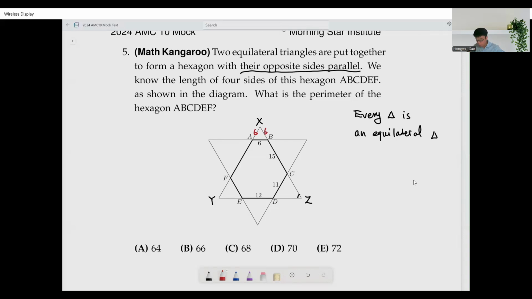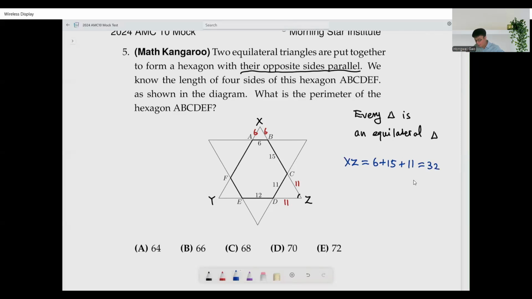Now, BC, we know is 15. Now, triangle CDZ is also an equilateral triangle. Since we know CD is 11, CZ is also 11. DZ is 11. Now we can see the side length XZ. XZ equals 6 plus 15 plus 11, which is 32.